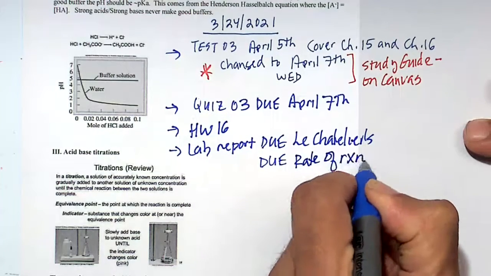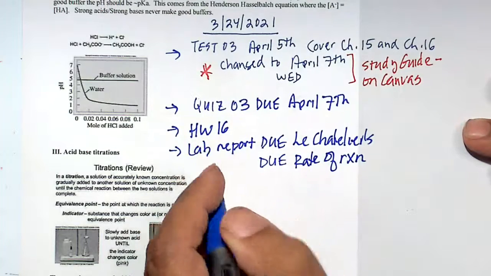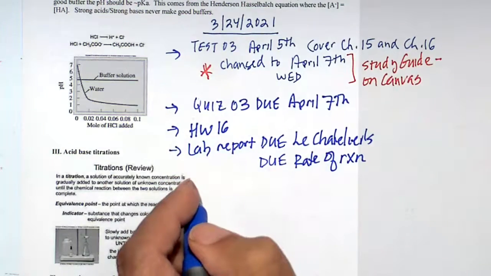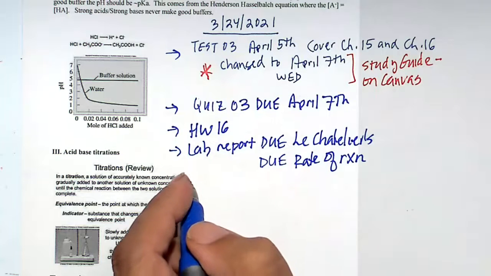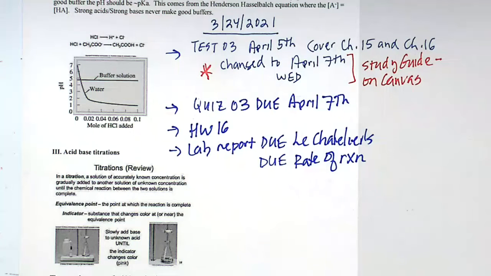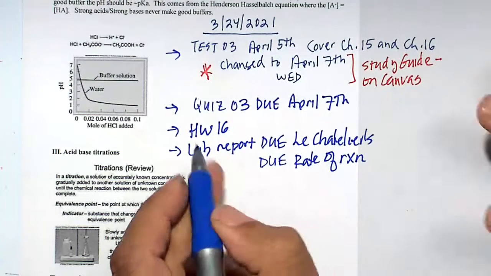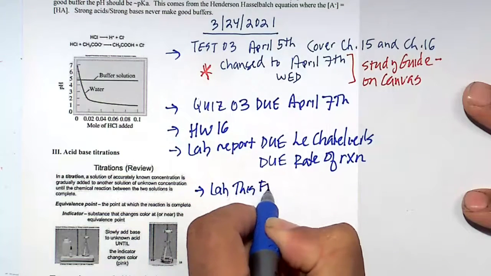If you have not, turn that in and I'll give some points. Some points are better than nothing, so please turn that in. And this Friday we'll have a problem set. This Friday, work together with your lab partner, check your answers with mine, and do the titration problem set. So no lab.